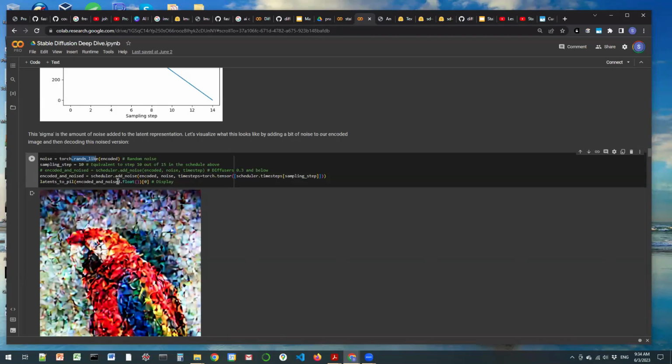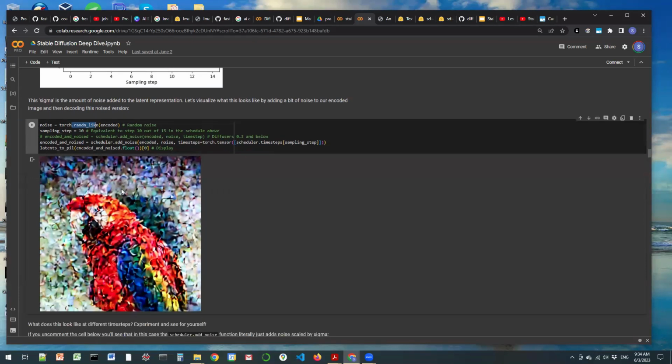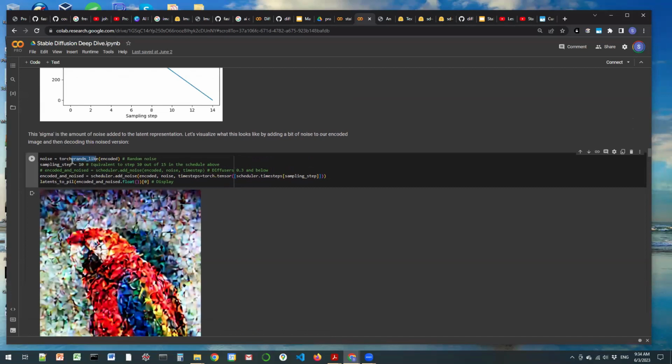So he just starts off here, and then we'll go through the detail. But here he's just showing us, okay, if you add the noise similar to the shape of the encoding, and then you do this sampling step of 10, equivalent to step 10 out of the 15 in the step above. Again, I would encourage you folks to play with this and plot this.